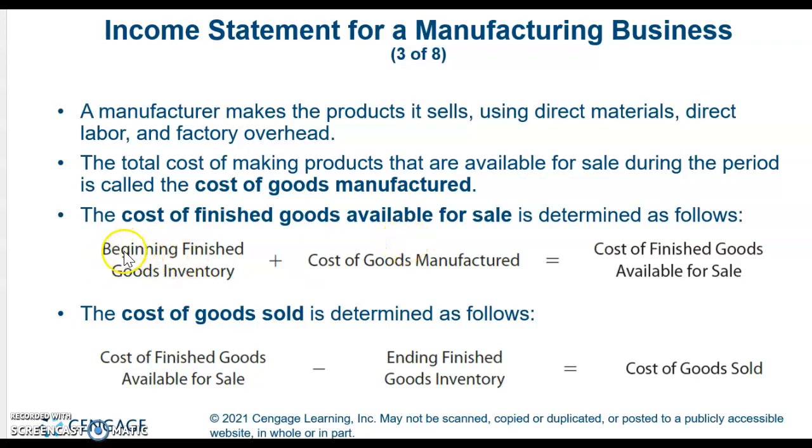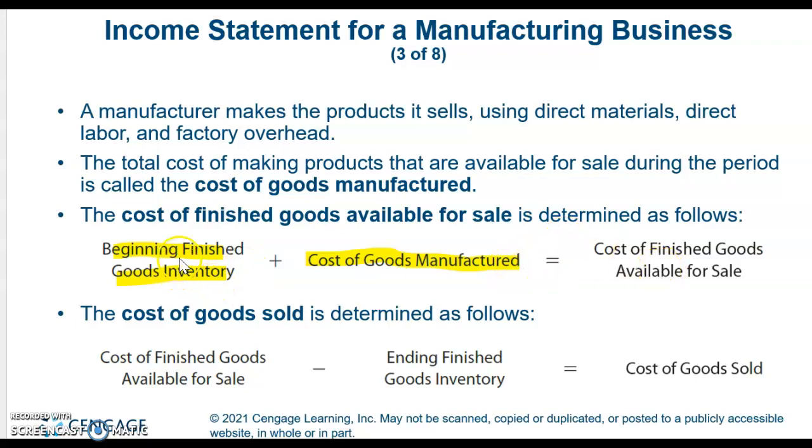So you're going to start with everything that's already in finished goods. This is anything sitting there that we had from last year or the last period that we did not sell. Then during the period, we're going to make more, and that's going to be our cost of goods manufactured.